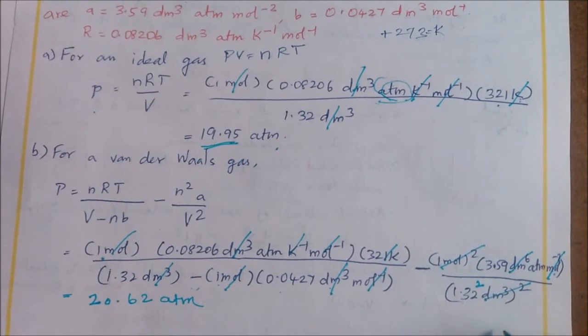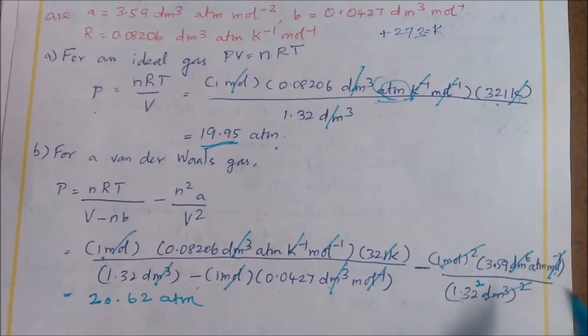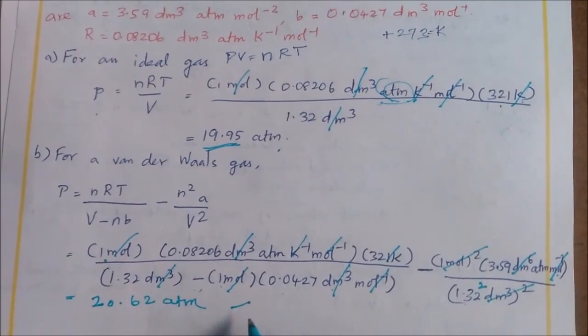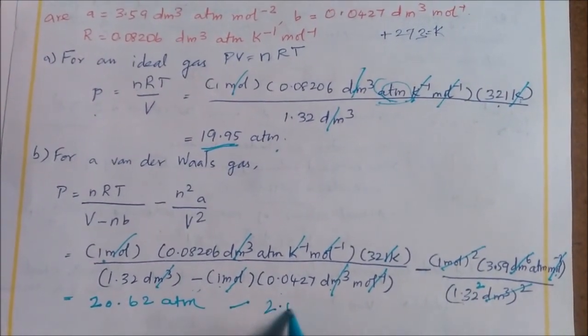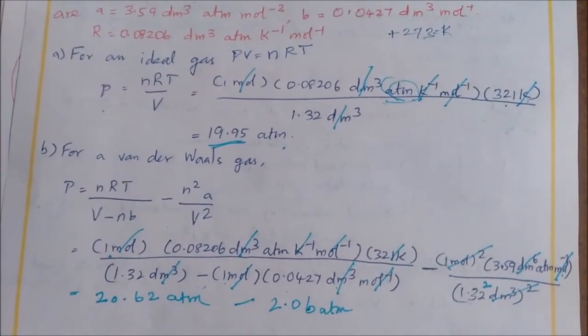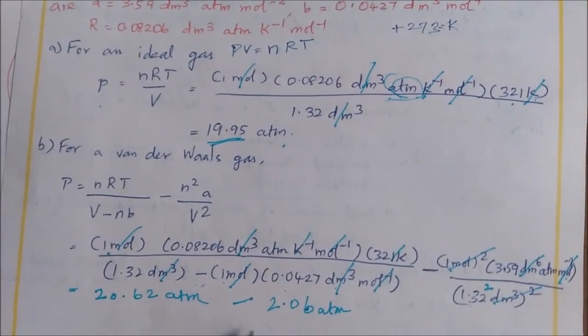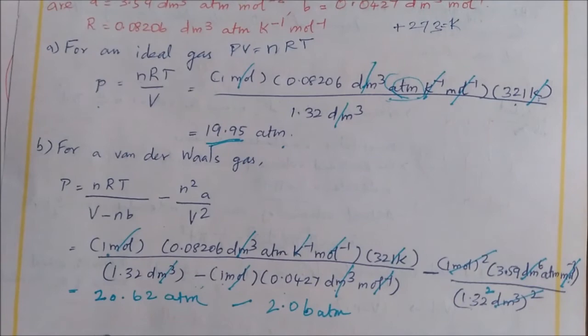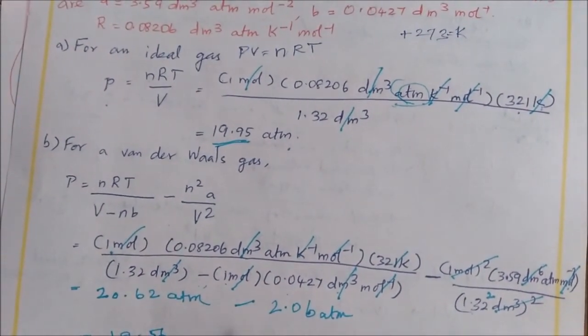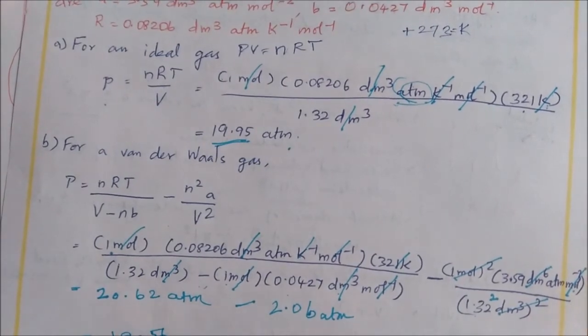So this dm will be cancelled out, and when we simplify 3.59 divided by 1.32 square, we will get the simplified answer as around 2.06 atm. So we can take the atm as a common one, and the answer will be around 18.56 atm.